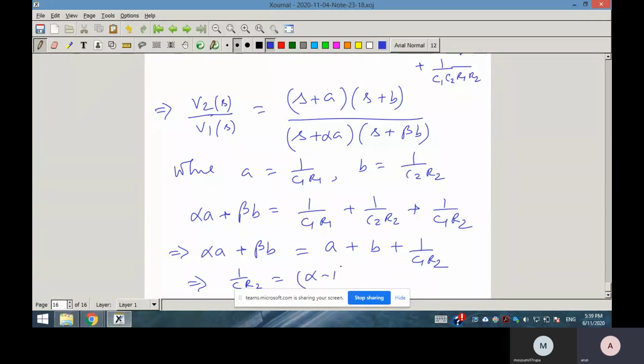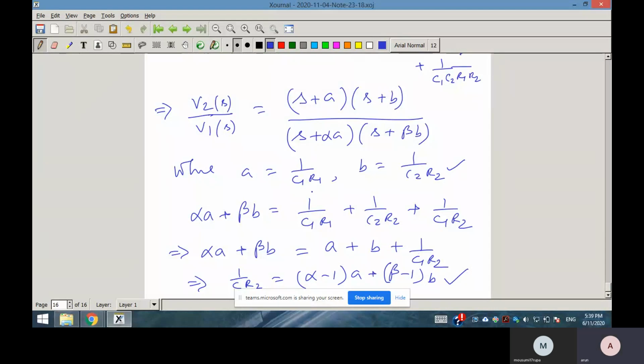Alpha minus 1 into A plus beta minus 1 into B. So this condition has to be satisfied. So C1 R1 C2 R2 has to be chosen such that this condition will satisfy.